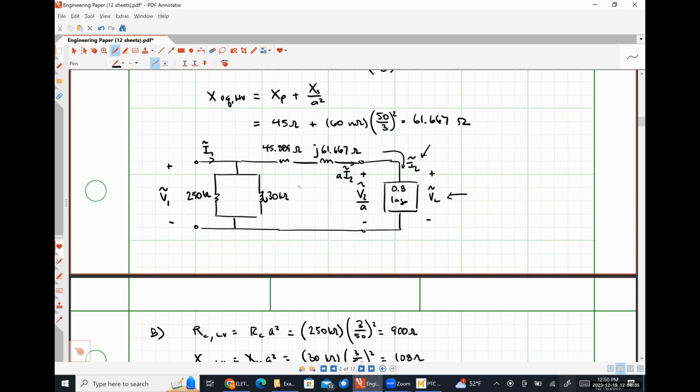So what's it going to look like referred to the primary side? 480 over A, right? So 480 times 50 over 3 wouldn't be a big stretch of the imagination here. 8,000 volts RMS. That's literally the purpose of knowing the turns ratio, right?